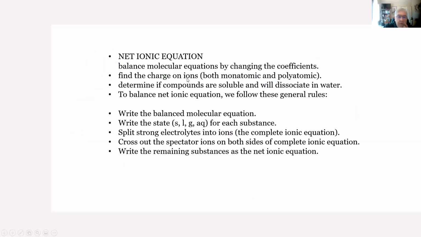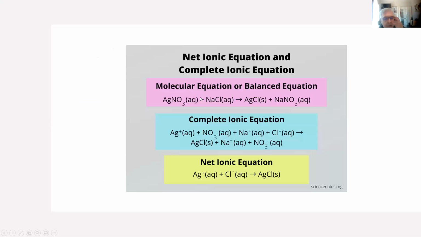In the case of a net ionic equation, you have to find the charge of the ions to determine if the compounds are soluble using the table that I showed you before, and then balance the net ionic equation. Okay, let's begin. Here you have the rules you have to follow, but I'm going to put an example here.